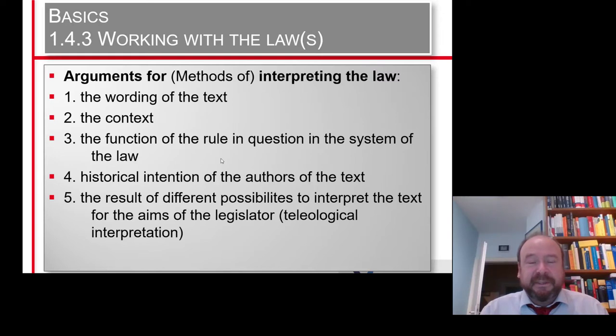Very often it can also be an argument to say that interpreting a certain word in a certain way would fit into the whole design of the law very well, or it would perhaps be possible, but would ruin the whole system of that law.